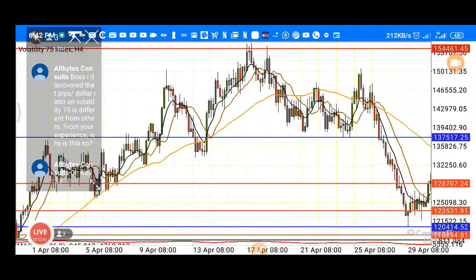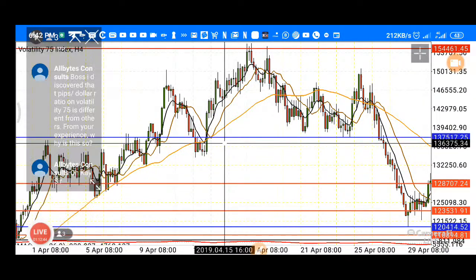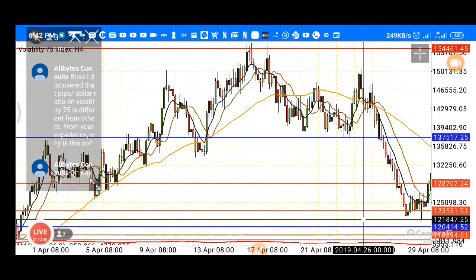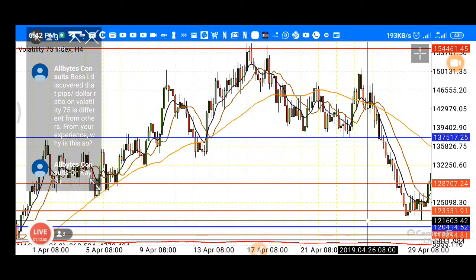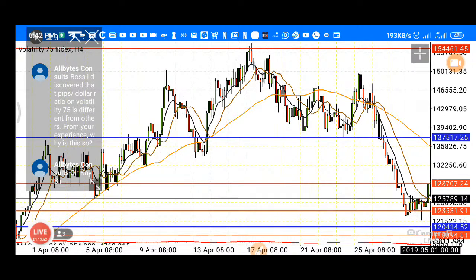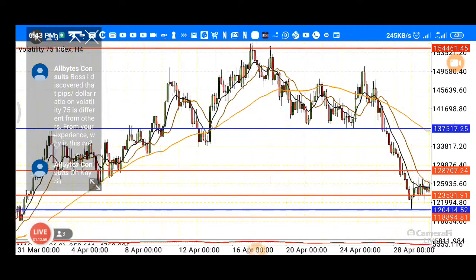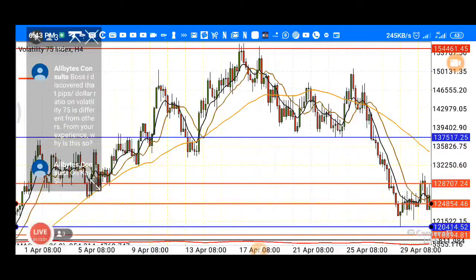Okay, it came down, but not up to this level, but still formed another rejection here. So let's assume we entered here again after seeing this rejection candle. If you entered here, that same TP, so you can see.